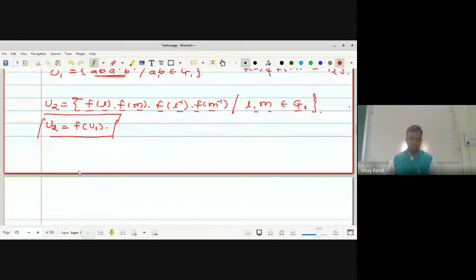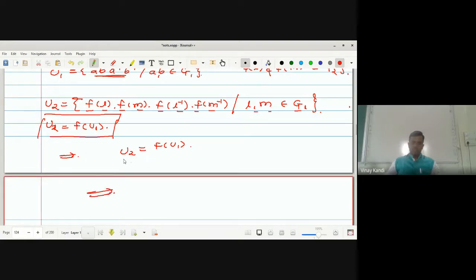So this implies U2 is equal to f of U1. The smallest group containing U2 is what? The derived subgroup of G2. U2 is the commutator set, and f of U1 is again a commutator set.